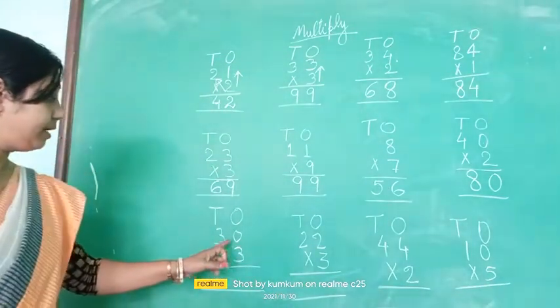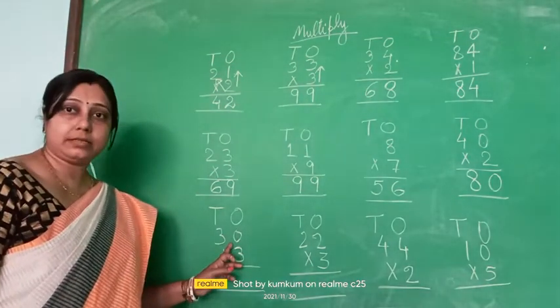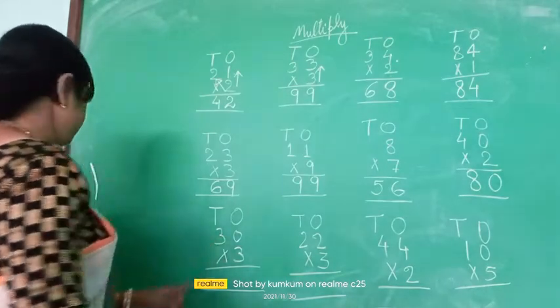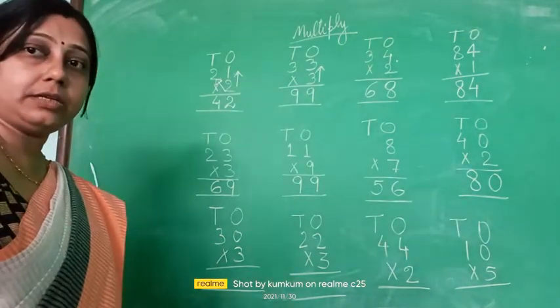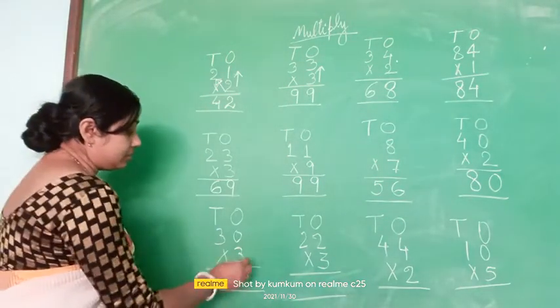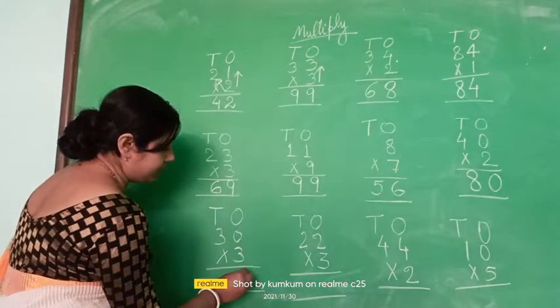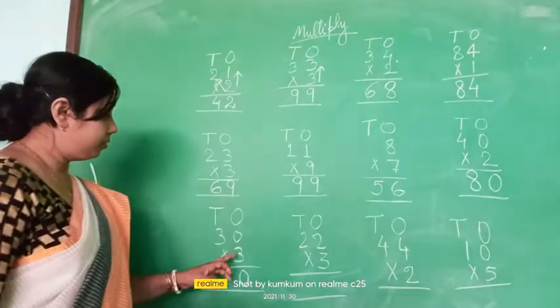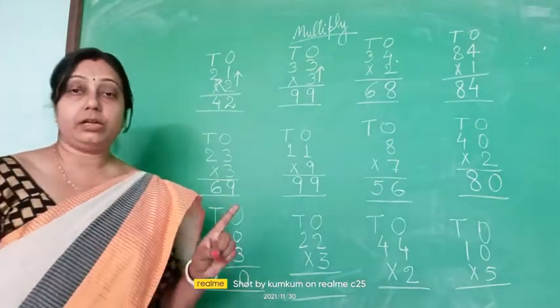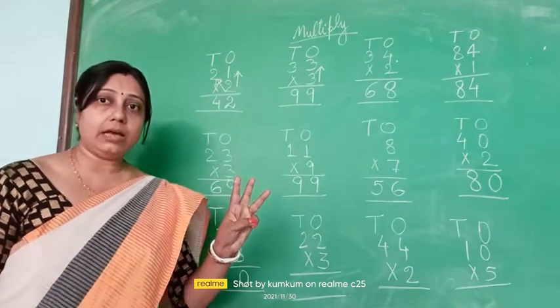See, here also anything multiplied by 0 is 0. So if you are multiplying 3 multiplied by 0, the answer will be 0. Now next one, 3 zeros are 0. We are going to write here 0. Now 3 multiplied by 3, that means 3 ones are 3, 3 twos are 6, 3 threes are 9.